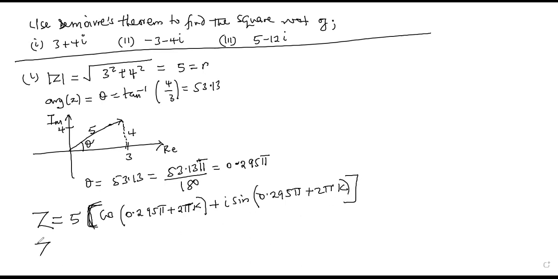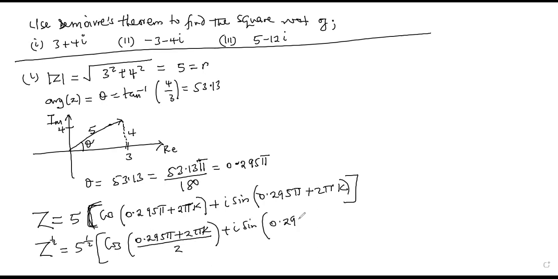Meaning that if we need the square root, z to the power a half will be equal to 5 to the power a half into cos of 0.295 pi plus 2 pi k over 2, plus i sine of 0.295 pi plus 2 pi k over n, which is 2.